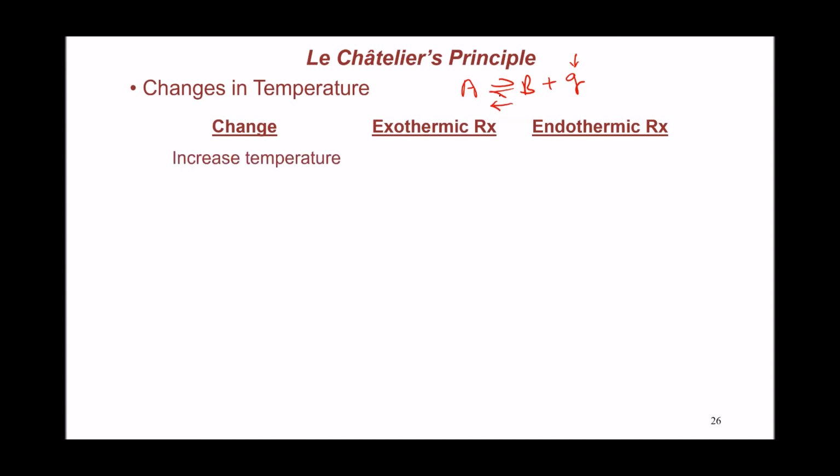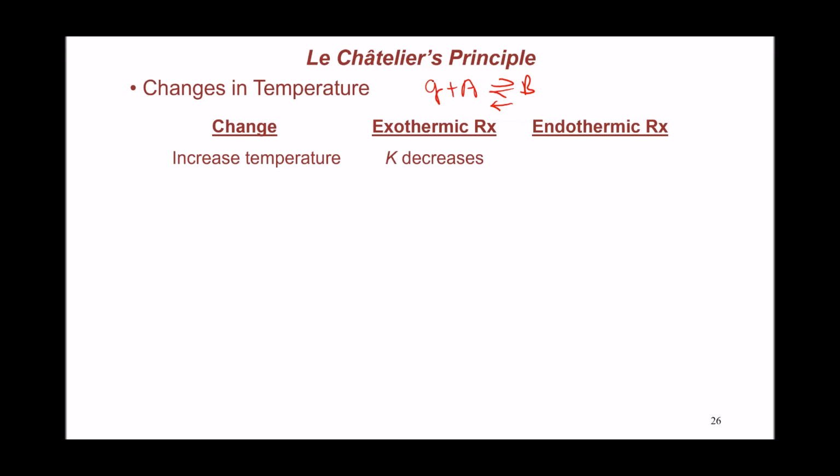So if you increase temperature for an exothermic reaction, the equilibrium constant itself is going to decrease, because the reaction is going to shift backward to offset the increase in the temperature. If it is an endothermic reaction, it's going to be the opposite, because in an endothermic reaction, energy is actually on the reactant side.